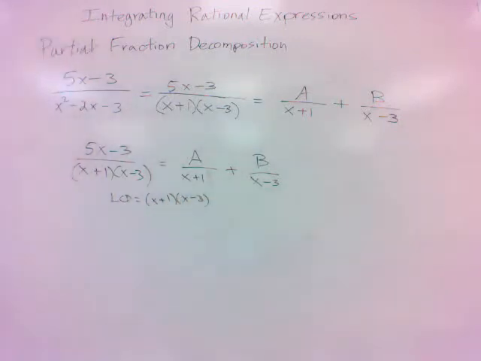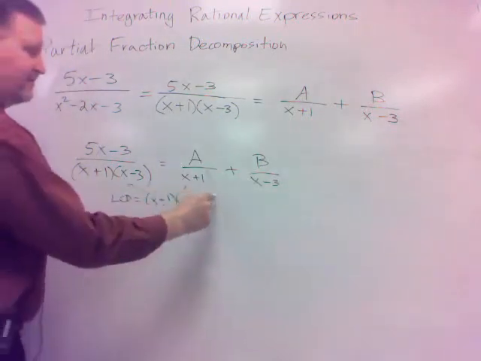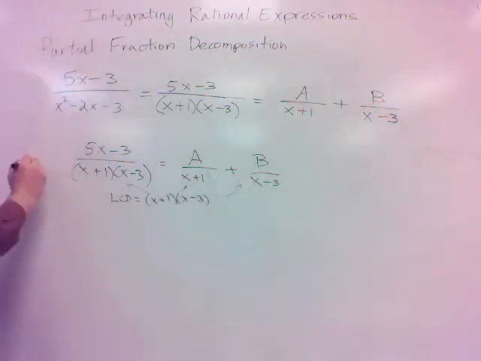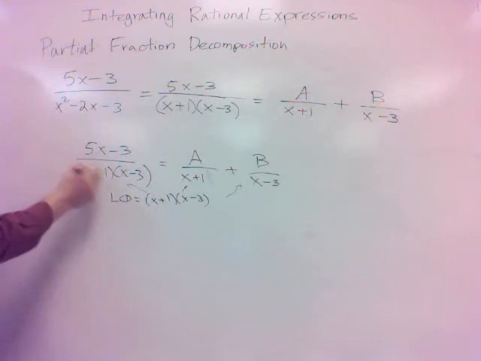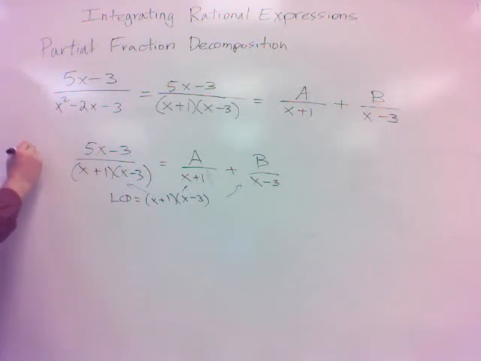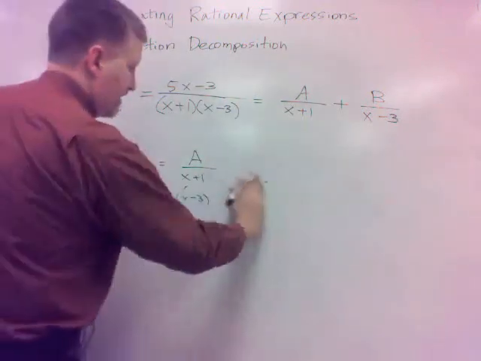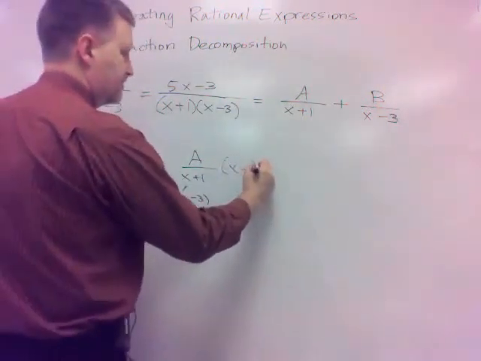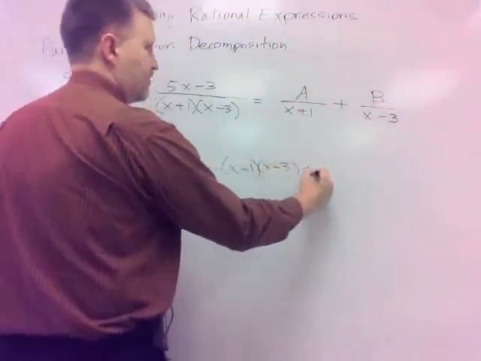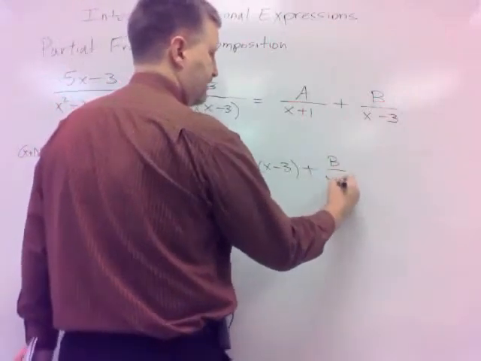Just multiply both sides by that, or multiply each thing by that. So I'm going to multiply the x plus 1, x minus 3 times this. Of course, that's all going to cancel out. Then I'm going to multiply it by this. And then I'm going to multiply by that, the b.